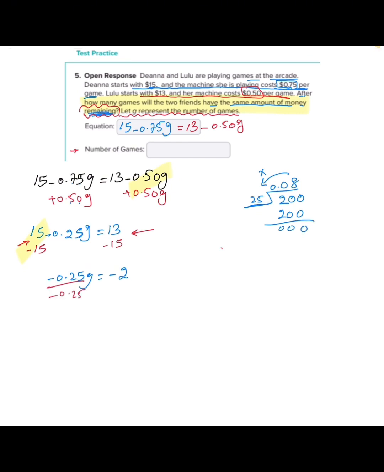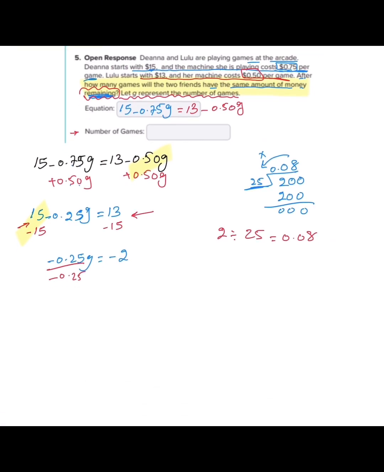So 2 divided by 25 gives 0.08, but we have divided by 0.25, which is divided by 100, so we multiply the answer by 100.